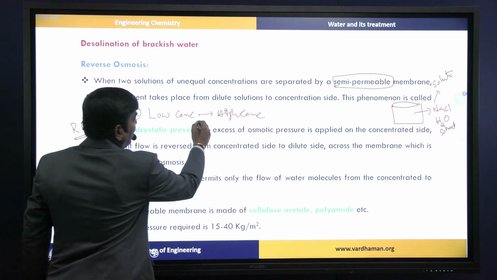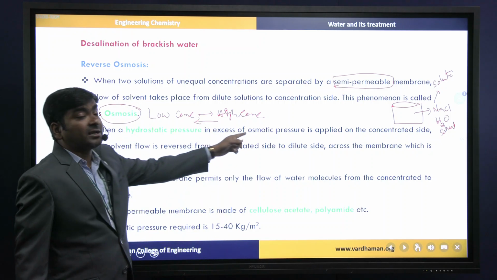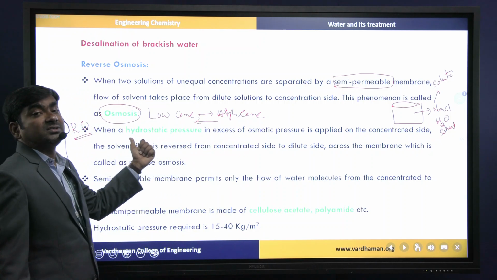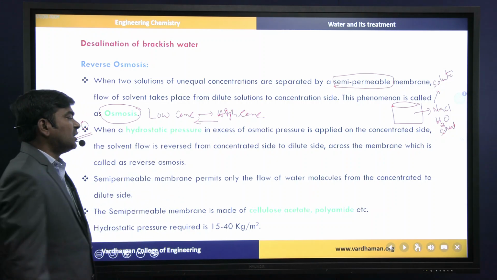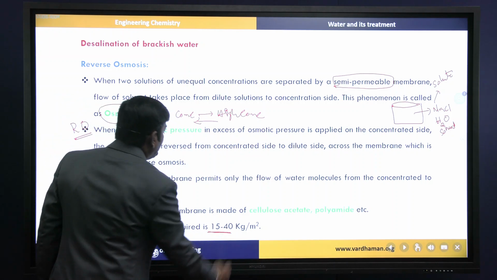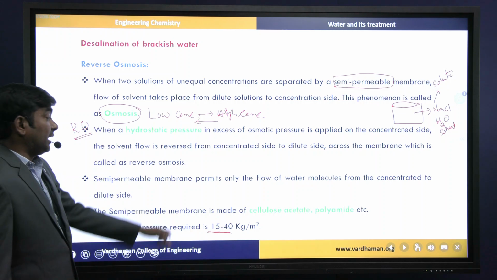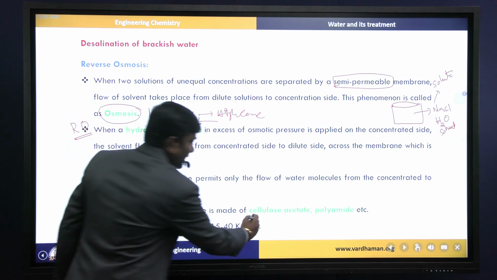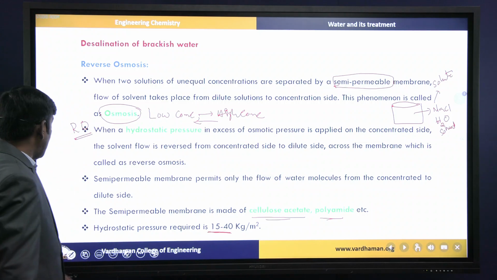Now this will be reversed. That means movement of solvent takes place from high concentration to low concentration. That is called the reverse osmosis method. Here the hydrostatic pressure that we apply is around 15 to 40 kg per meter square, and the semi-permeable membrane is generally made of cellulose acetate and polyamide.